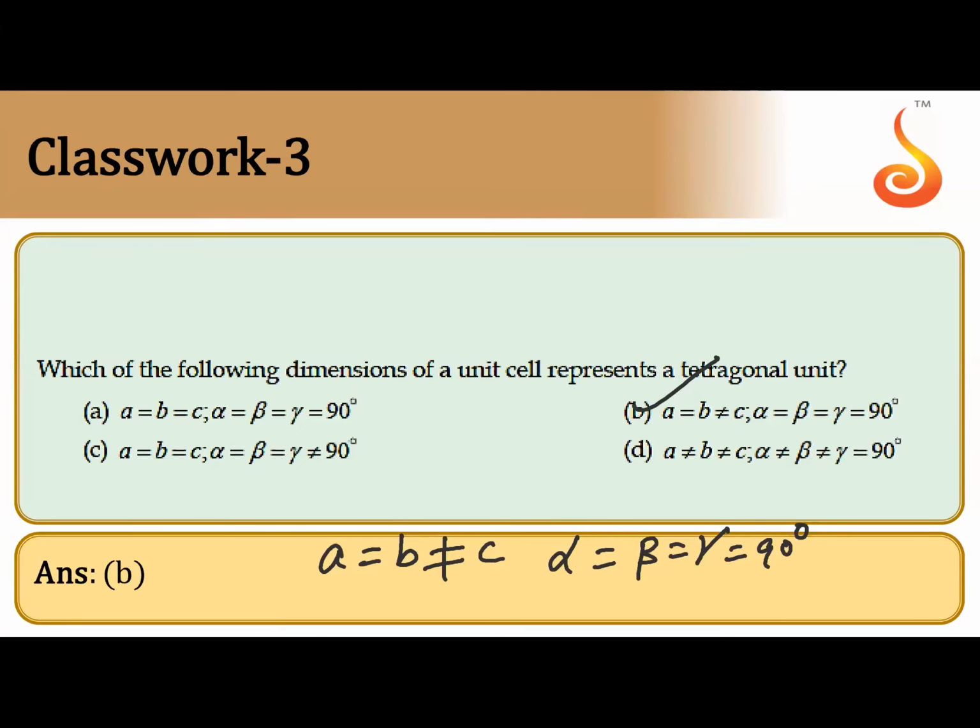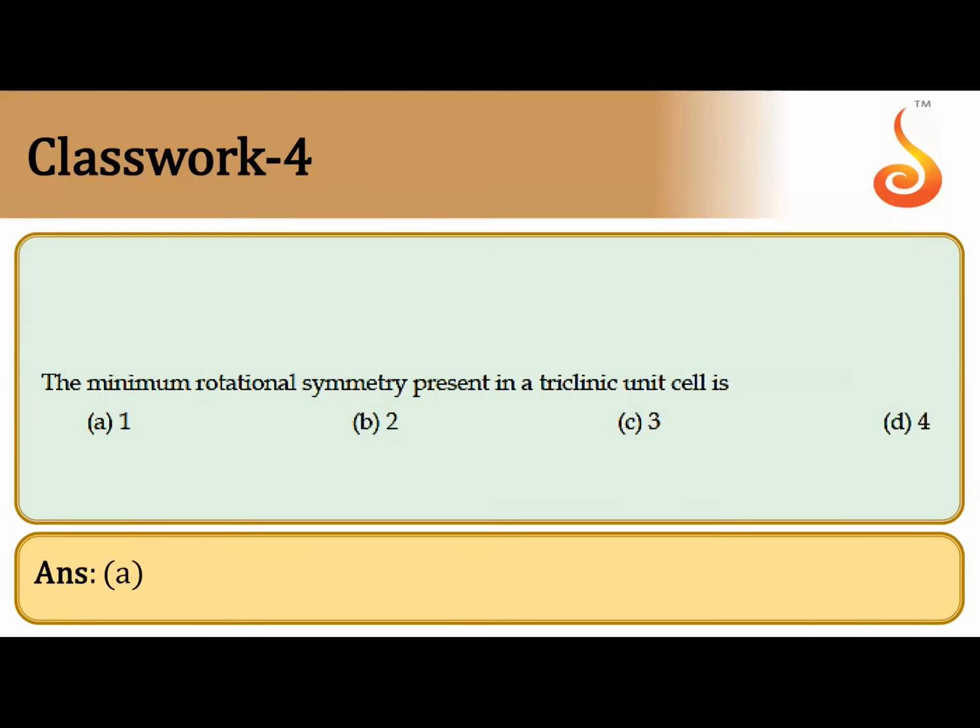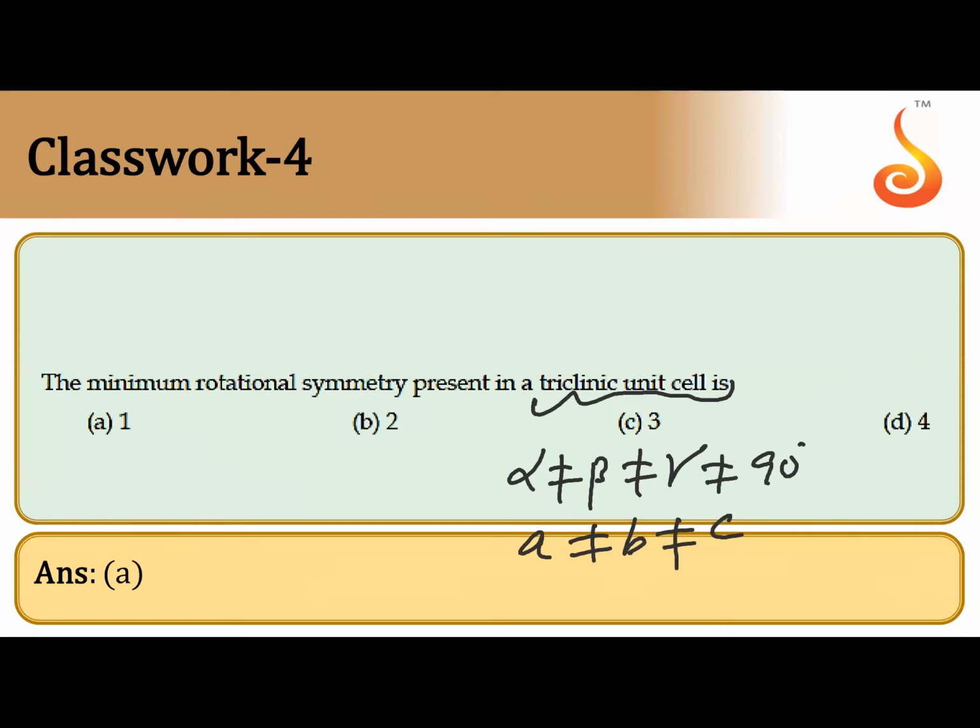Question number 4. Minimum rotational symmetry present in the triclinic unit cell. Triclinic unit cell means alpha not equal to beta not equal to gamma not equal to 90 degrees, and a not equal to b not equal to c. So only one rotational symmetry is possible. All the faces are different, all the angles are different.